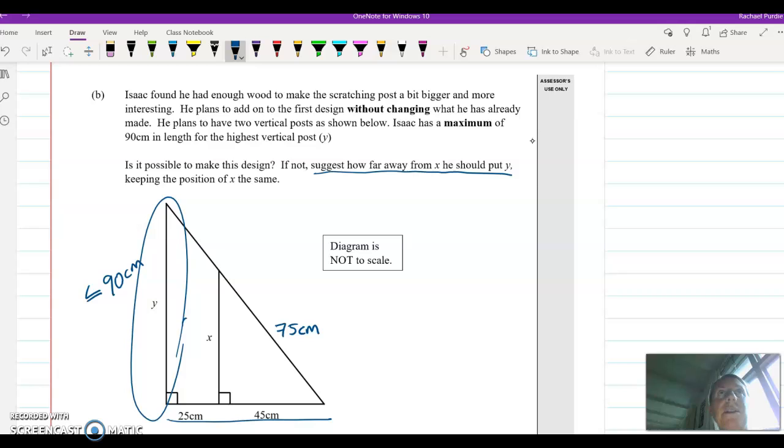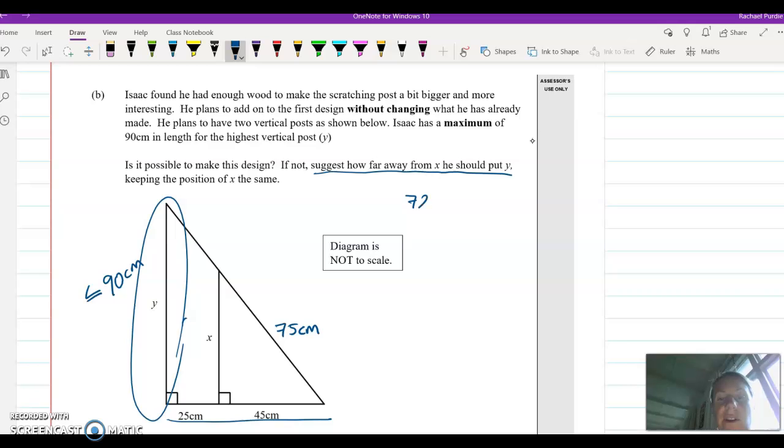So there are a couple of different ways that you can look at it, and a few of you did this in a couple of different ways, which was dandy. You could just first of all use Pythagoras. What are we wanting to figure out if that's 90? So we could use Pythagoras to work out how far X is if you wanted to.